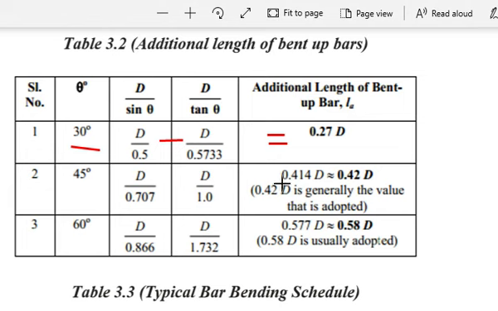If your angle is 45, then 0.42 D. You have to take this minus this, equal to this. Same here for 60. If your angle is 60, then this minus this equals 0.55 D. So I think that is clear to you, how we calculate this additional length.